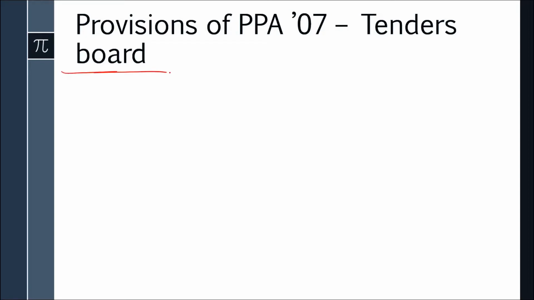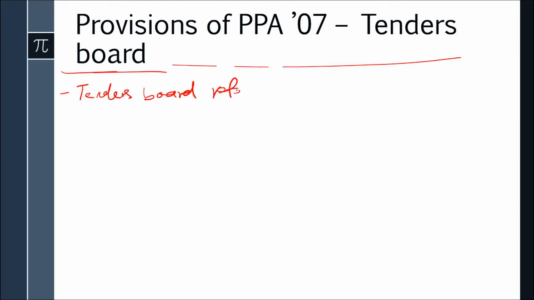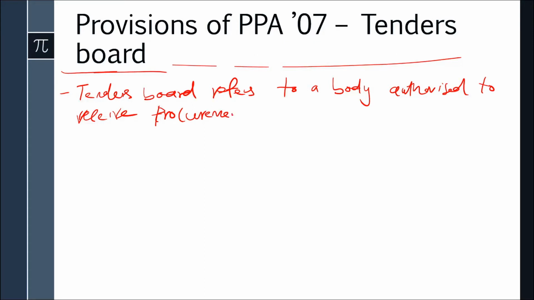First of all, we'll be beginning by looking at the Tenders Board. The Tenders Board refers to a body authorized to receive tenders, just say procurement tenders, on behalf of the government.